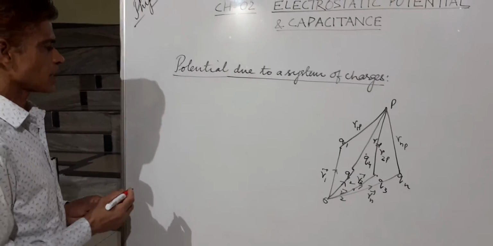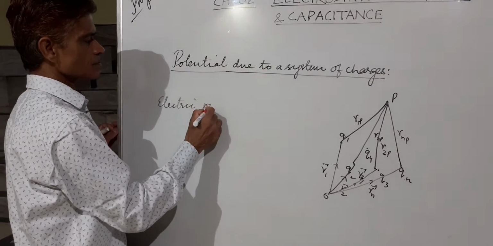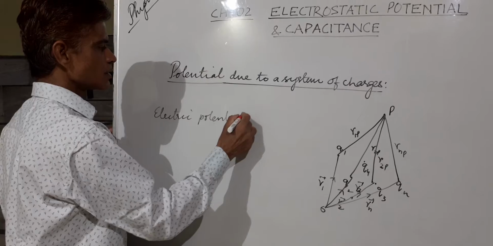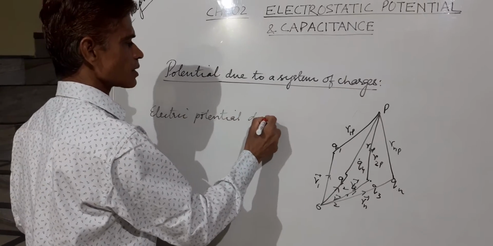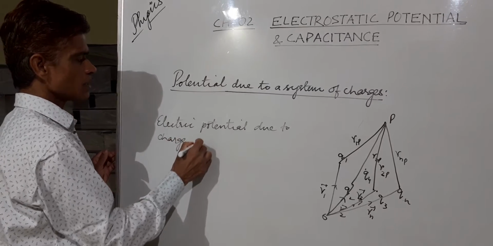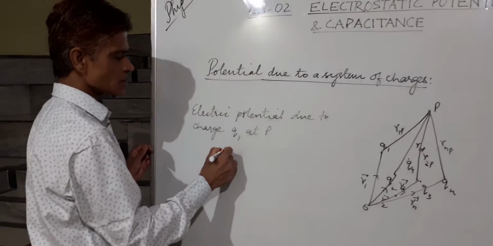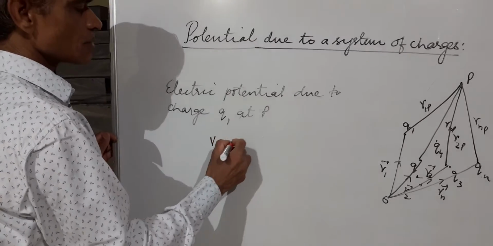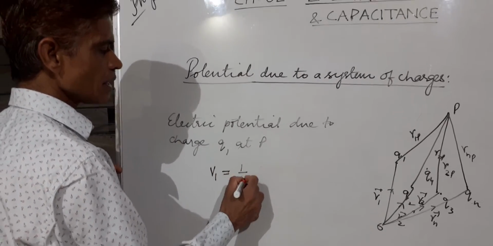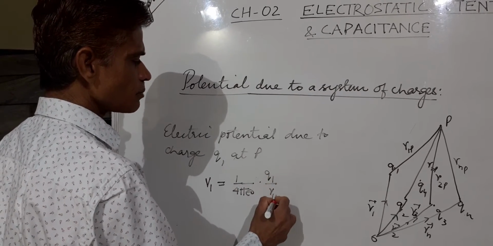So the electric potential due to charge Q1 at point P, let us take it as V1, will be given by 1 by 4 pi epsilon naught Q1 upon R1P.